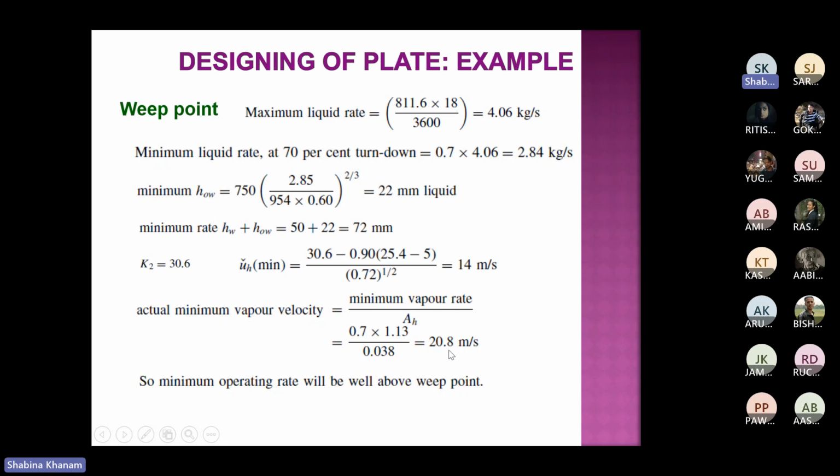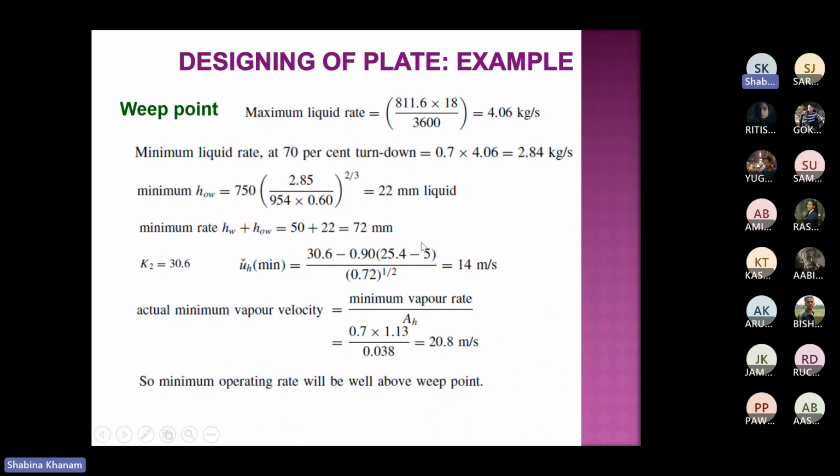If UH is coming more than this, you need to reduce this UH. And how can you reduce this? By reducing the hole diameter. That is 5 mm we have taken. You can take 4 mm, up to 2.5 you can go, but not beyond 2.5.